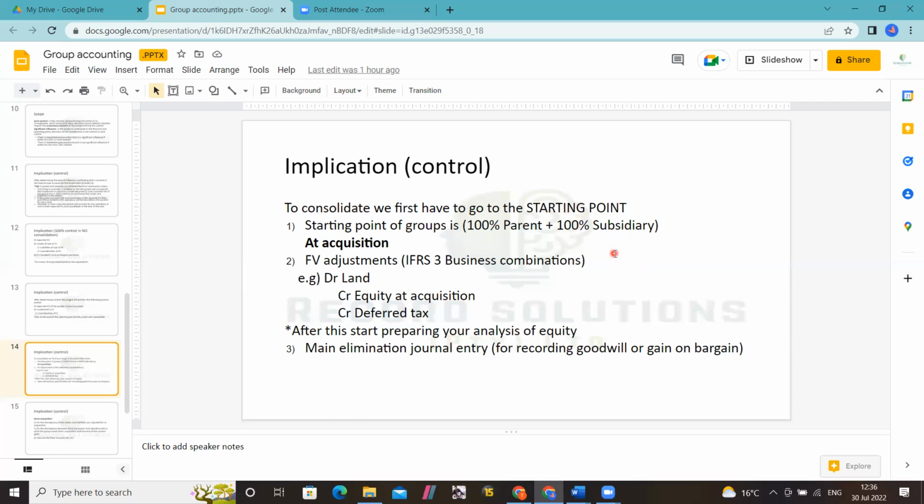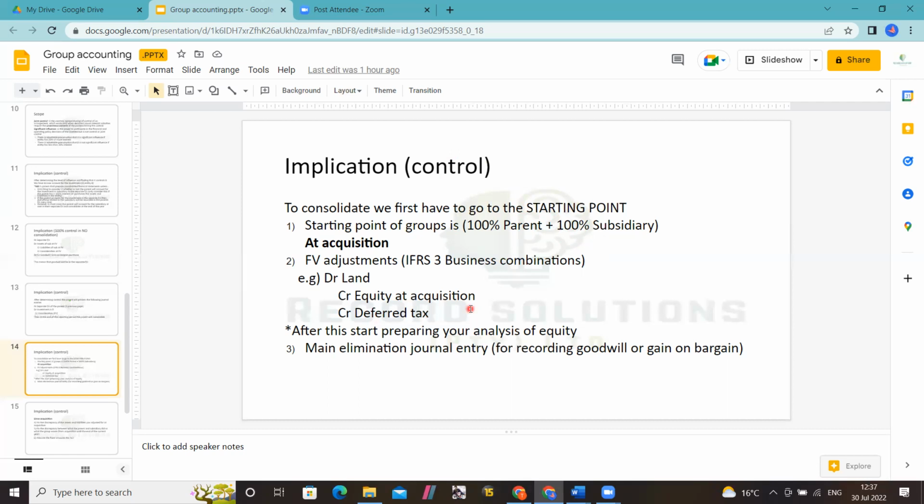And there are other rules, even for contingent liabilities. Contingent liabilities are recognized for business combinations. So there are rules there other than fair value adjustments. And then the intangible asset, like I said, is zero here because it's not recognized. Here they tell you can recognize it. So you debit the intangible asset, and then what do you credit? Equity at acquisition.